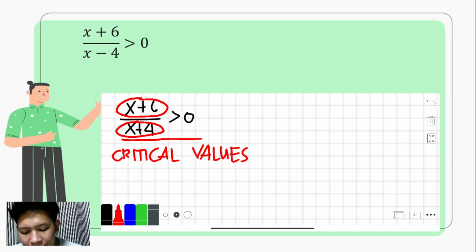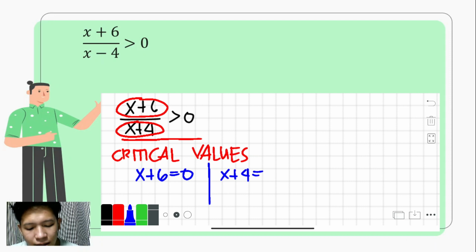And for us to get that, we just need to equate it to 0, which is x plus 6 equals 0. And then the other one is x plus 4 equals 0. And then we have to solve for the value of x. And we get that by what? Itatranspose lang natin itong si positive 6 sa kabila and so si positive 4 sa kabila.